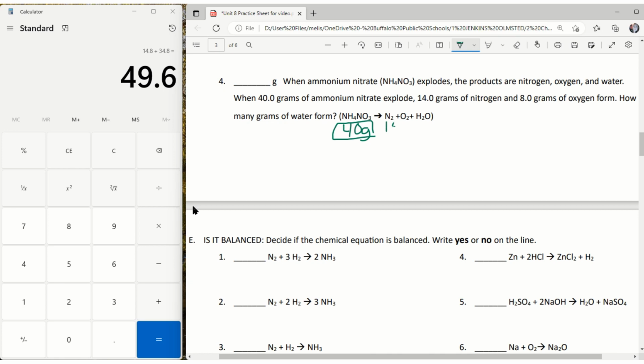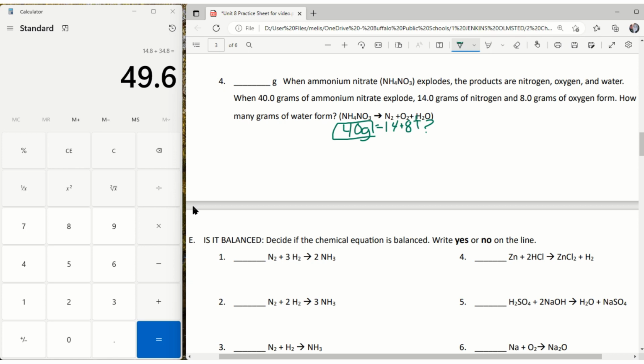I get 14 of nitrogen, 8 of oxygen. How much water? Okay, so this is a plus.